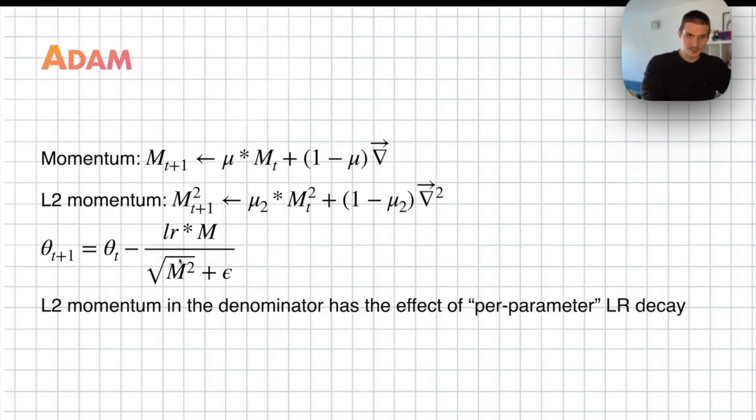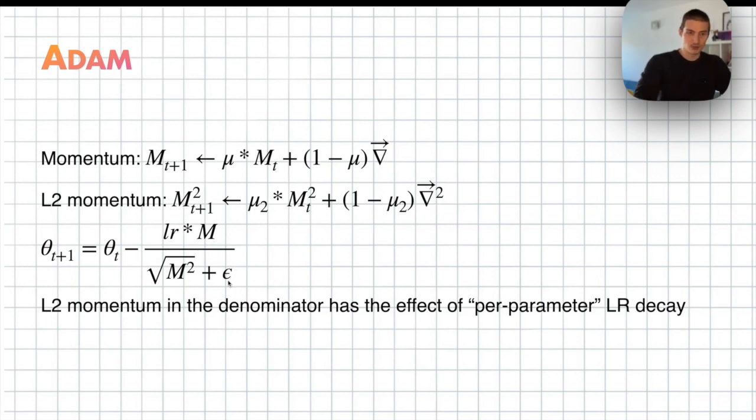And what this causes is that L2 momentum basically represents the effective decay of the learning rate. But now, instead of just having a fixed schedule that decreases the learning rate in a similar way for all parameters, this one is per parameter, right? So this gradient square term, it's a vector.